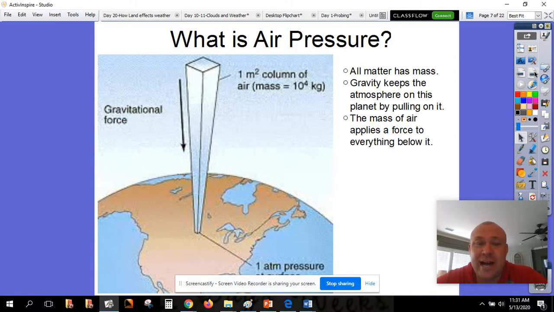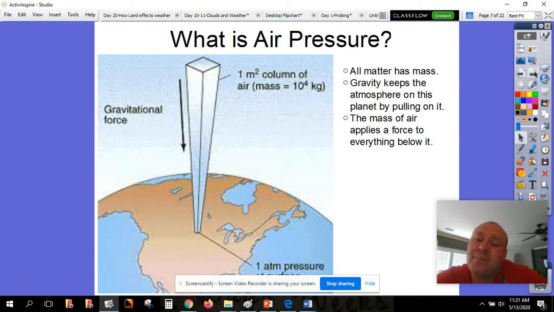If you imagine a column of air, or imagine you were in a tube that was just touching your shoulders and you just fit in it, and then that tube extended all the way to space, like in this picture, if we weighed all the air from you up into the edge of space, that would be what air pressure is. We would measure the weight of all that air, and that's air pressure. We would call that 1 atmospheric pressure. If you were at the beach doing it, that'd be exactly 1 atmosphere of pressure.